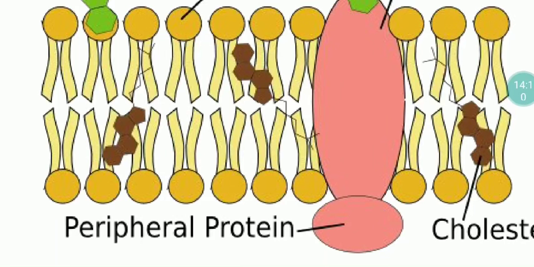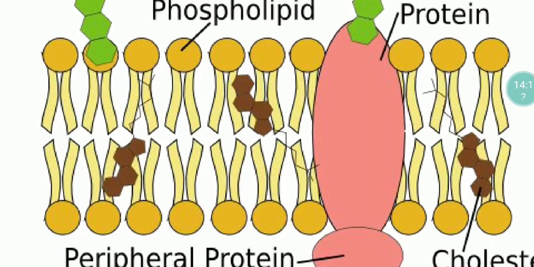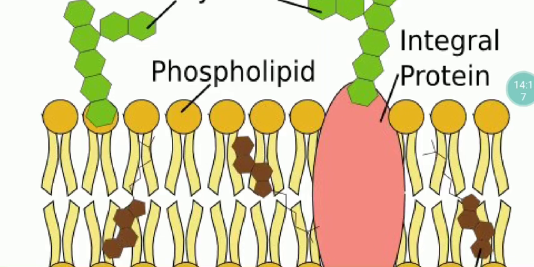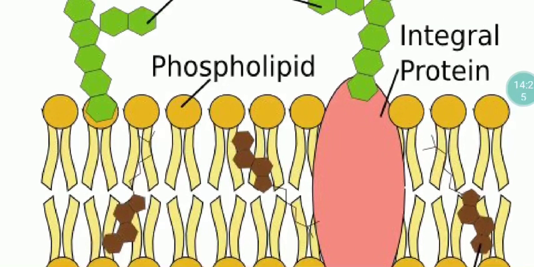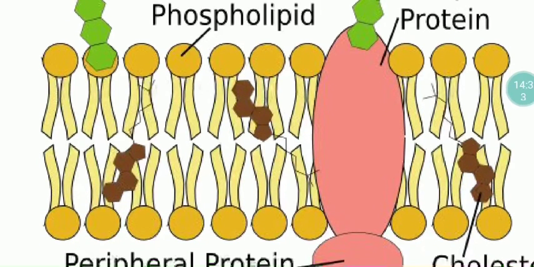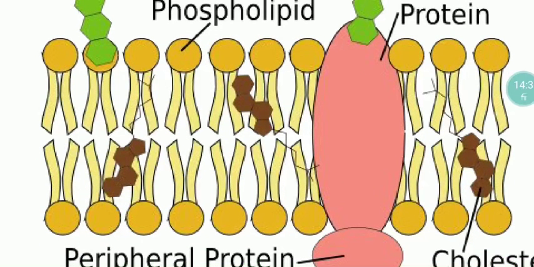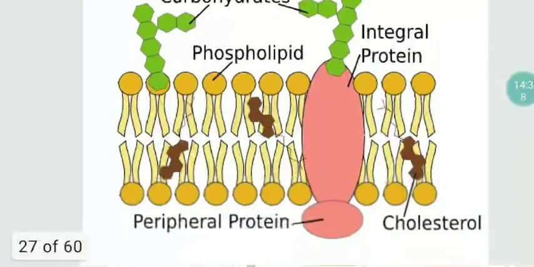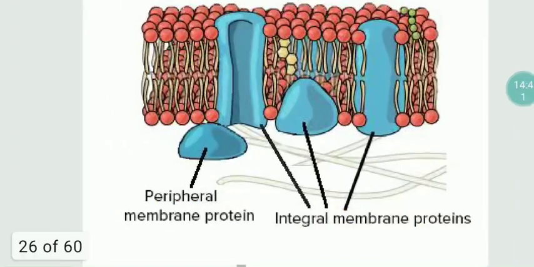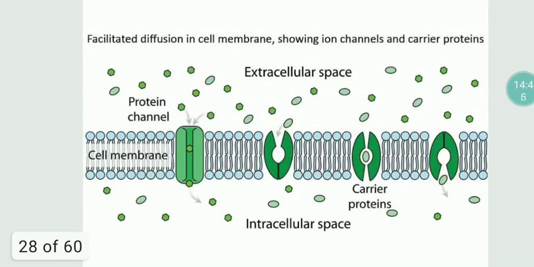So in this picture you can see phospholipids, peripheral protein, integral protein, glycolipid, and here a carbohydrate attached to the protein, that is glycoprotein, and here and there in between the tails of phospholipids you can see the cholesterol. This is the actual composition of the plasma membrane, and its use is for transportation of substances.